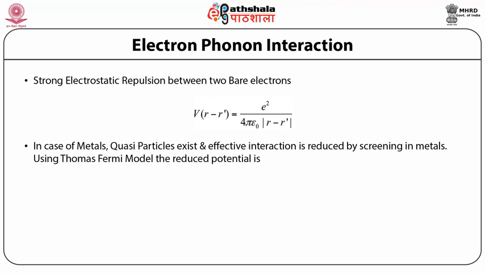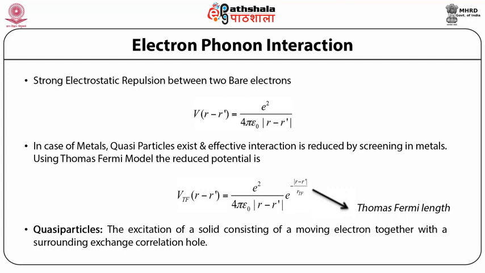Using the Thomas Fermi model, the reduced potential is V of r minus r prime, with the subscript TF indicating the Thomas Fermi approximation, is equal to the same Coulomb potential which we have written above, e square divided by 4 pi epsilon naught mod of r minus r prime, but multiplied by exponential minus mod of r minus r prime divided by r TF. So this r TF is basically the Thomas Fermi length.